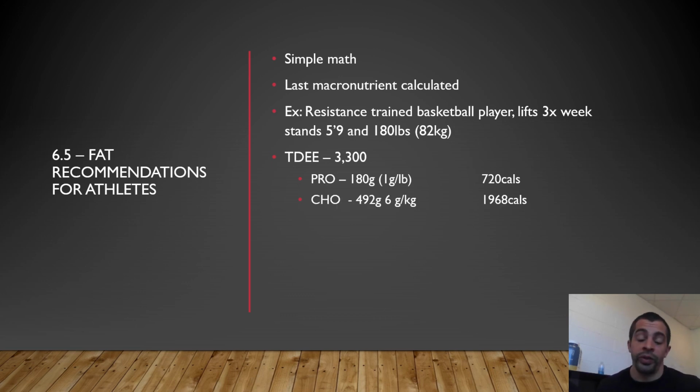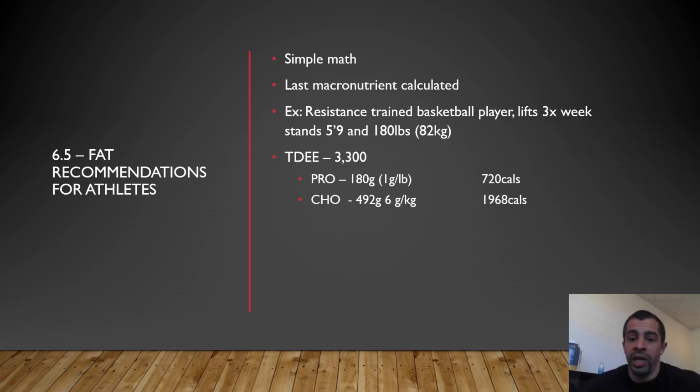Next thing we calculate is carbohydrate, and that's going to be a little bit more variable based on their activity. I chose to go with 6 grams per kilogram. The athlete is 180 pounds or 82 kilograms. So I multiplied 6 times 82, which gave us a recommendation of 492 grams of carbohydrates per day.